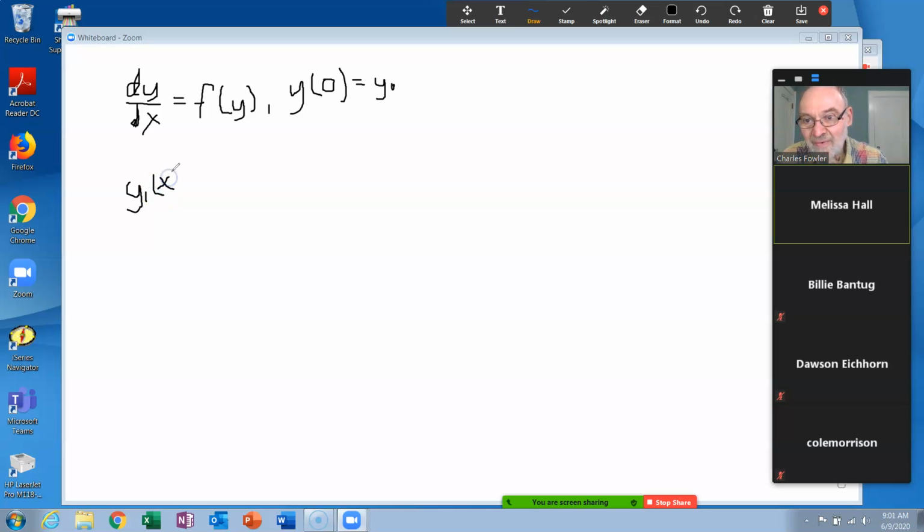So y can be a function of x, but the dy dx is only a function of y. So don't get those two concepts confused. Y is a function of x. Okay? And this y1 of x is also equal to y of x minus x0.